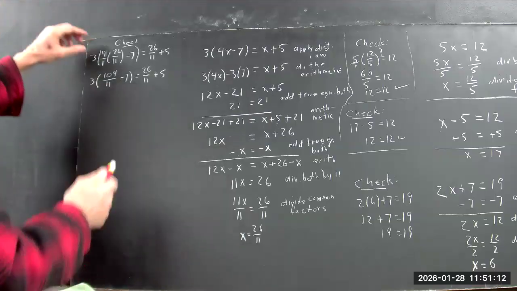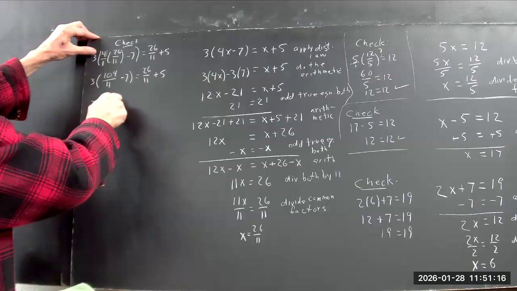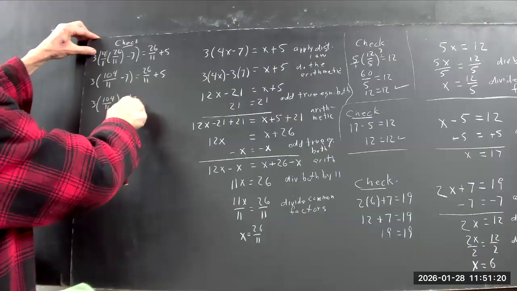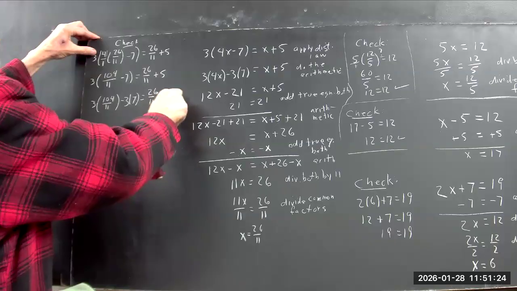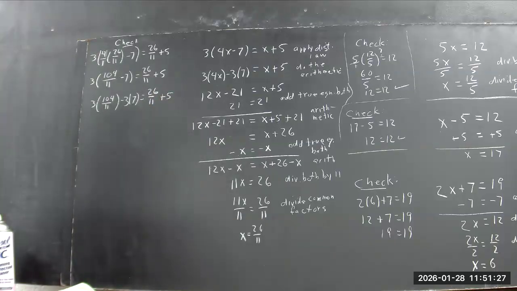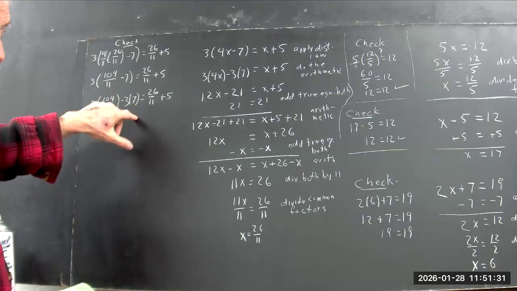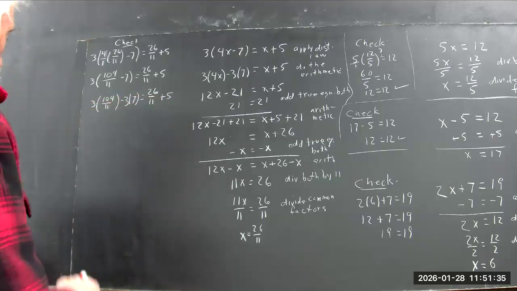So what we do is we use the distributive law. And there we are. 3 times the 104 over 11 minus the 3 times the 7. And the right-hand side is still 26 over 11 plus 5.